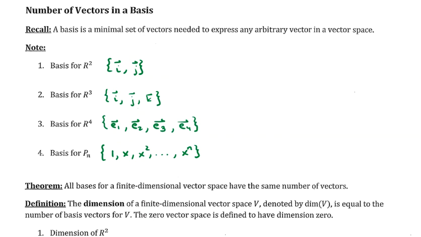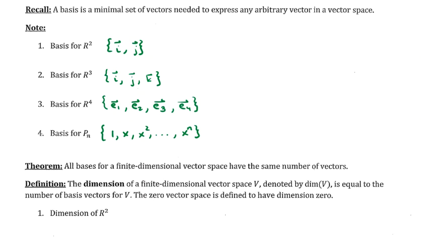But here's an important result. No matter which basis you use for your vector space, it's going to have the same number of vectors. So that means if I choose another basis for R2, it's going to have two vectors. If I choose a different basis for R3, that's going to have three vectors, so on and so forth.